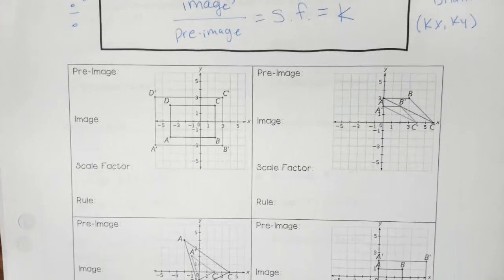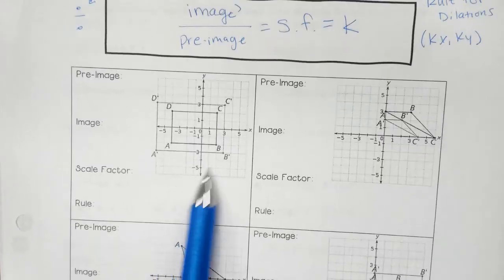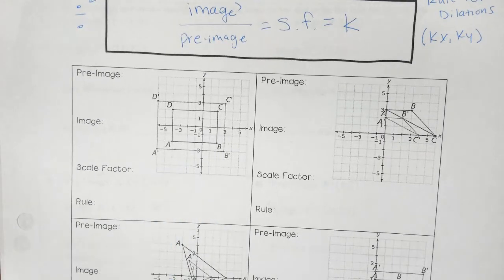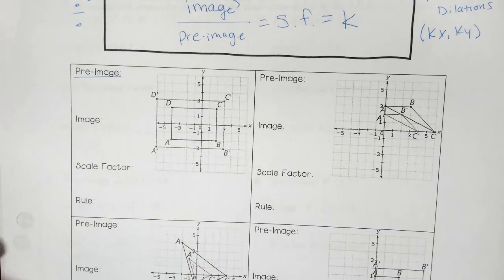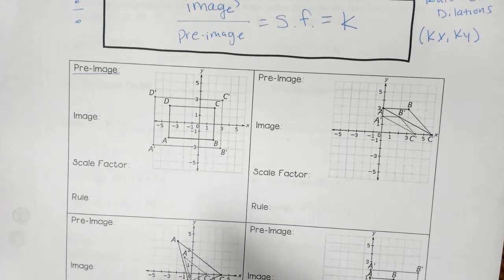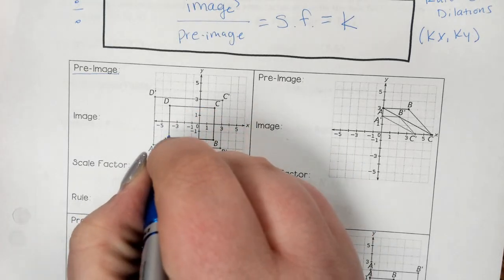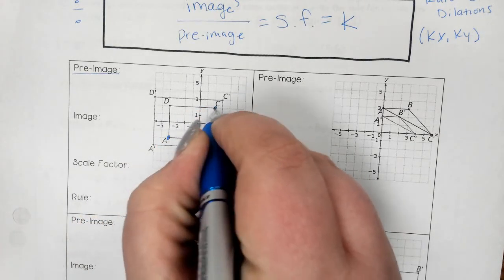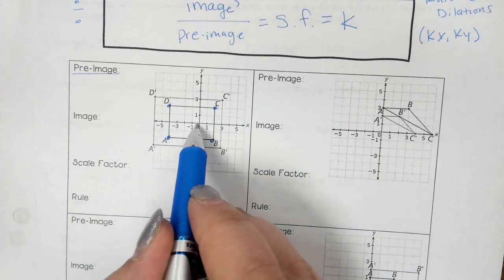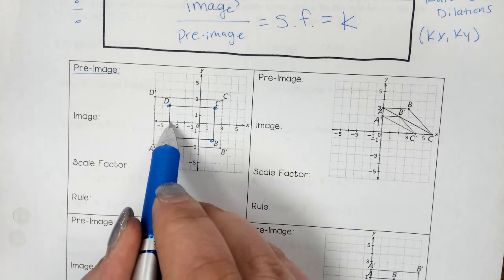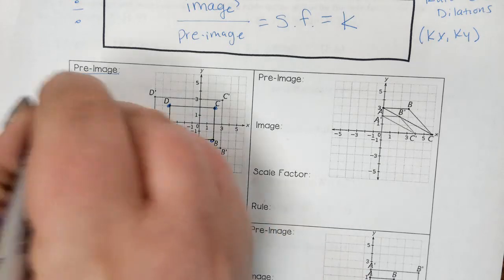So we're going to start with the first example here. I will look at my preimage ordered pairs. The preimage ordered pairs are the ones without the prime notation. So that would be the smaller box, A, B, C, and D. A is located at left 1, 2, 3, 4. 4 to the left is a -4.